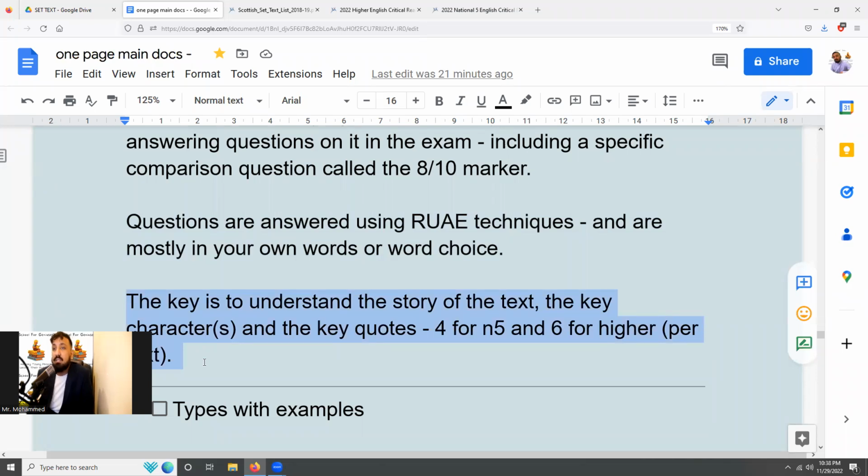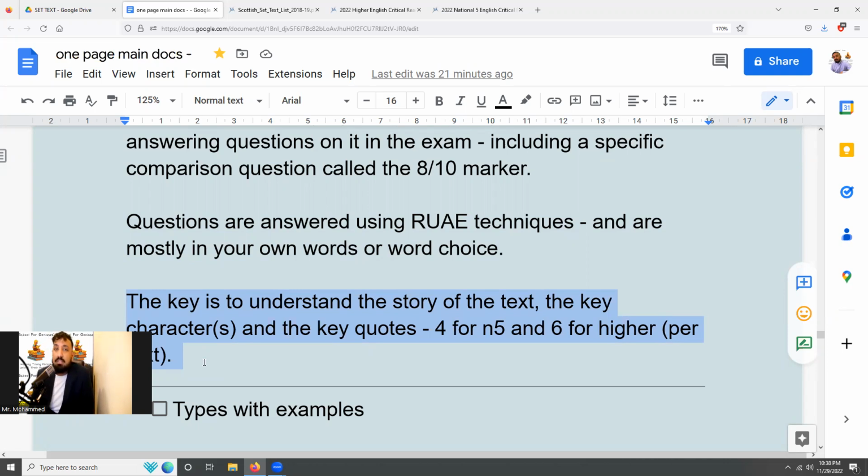Can you tell the story? Two is you need to understand who the main characters are, the key characters. You don't need to understand every character. For example, in Jekyll and Hyde, you need to understand Jekyll, Hyde, Utterson, at least those three. Maybe Carew, but at least those three.